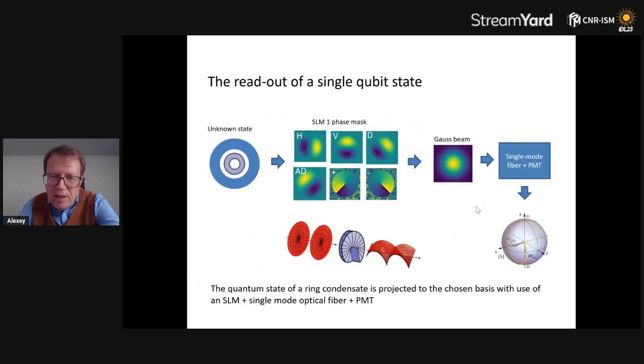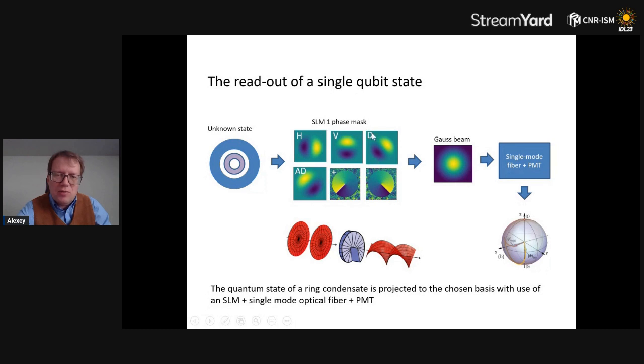And the main problem here is how to read out the information of this qubit. So it is done optically. Light that comes out of this unknown state of every qubit passes through the phase mask.